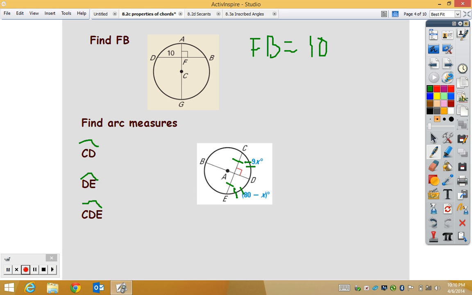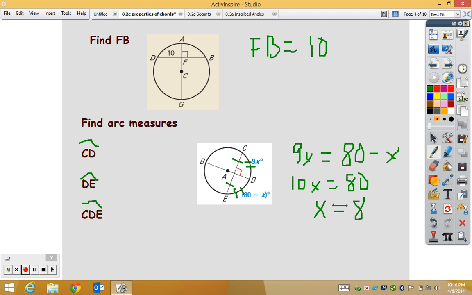So to first find arc CD, we need to find the value of x. We set 9x equal to 80 minus x. If we add x to both sides, we get 10x equals 80. Divide by 10, we get x equals 8. Then to find the measure of CD, we plug 8 in for x, we get 9 times 8, that equals 72 degrees.